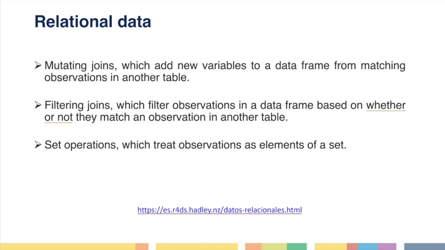So these are the transformation units. Many times we have two different sets of data and we want to join the information of both sets. And that's what we are going to see today.